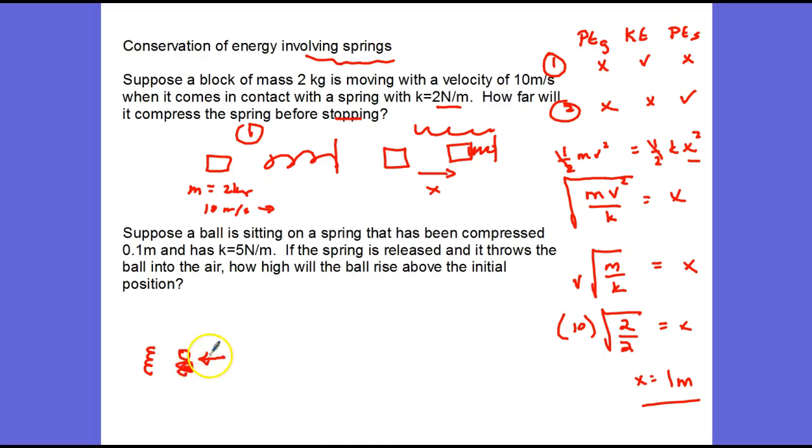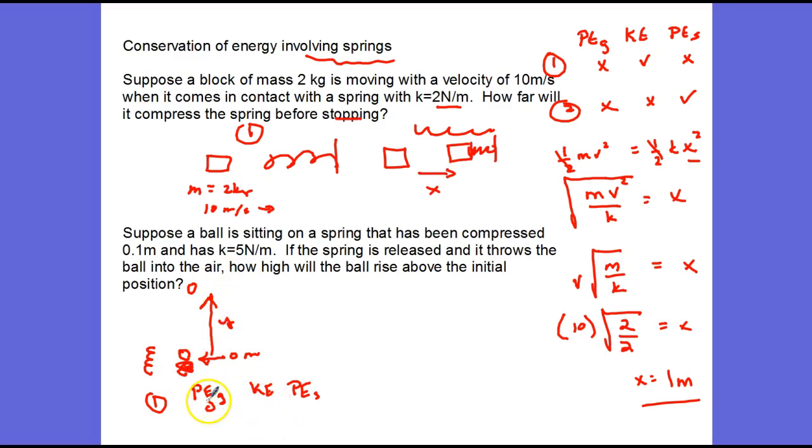Okay, so before we release it, what kind of energy do we have? Remember, there's gravitational potential energy, there's kinetic energy, and there's spring potential energy. At the beginning, so here, we're going to call this 0 meters because the ball is going to go here and we're looking for the height above that initial position, not really above the ground.